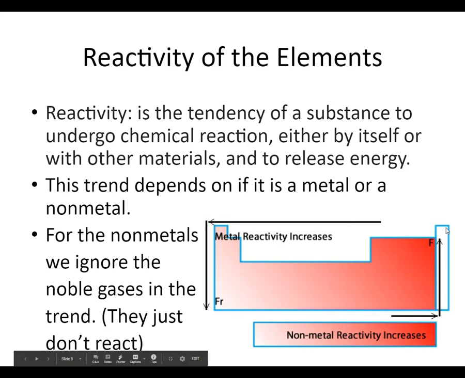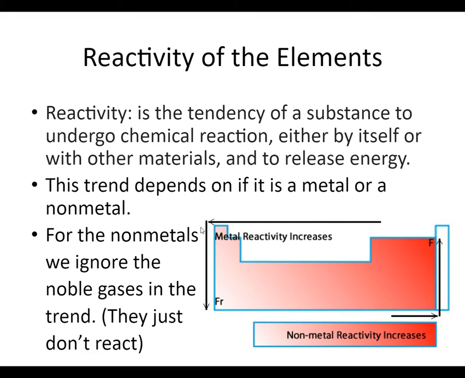Okay, so ignoring the noble gases, here's the pattern. As we go across the periodic table, our more active metals are going to be on the left, and our nonmetals are going to be more reactive as we move to the right. So you have to think about this as sort of 2 halves of the periodic table.